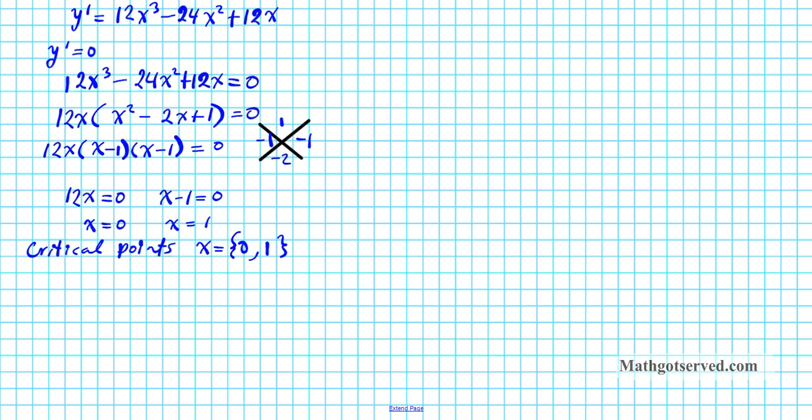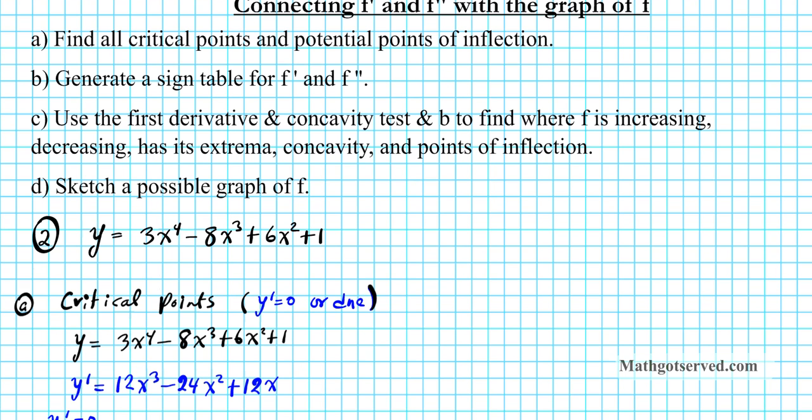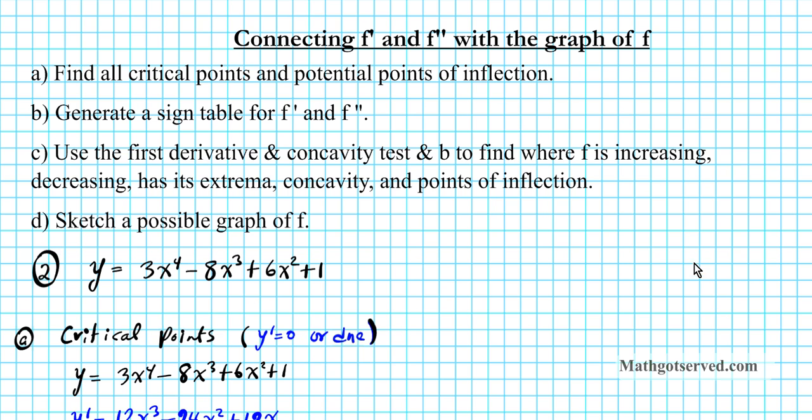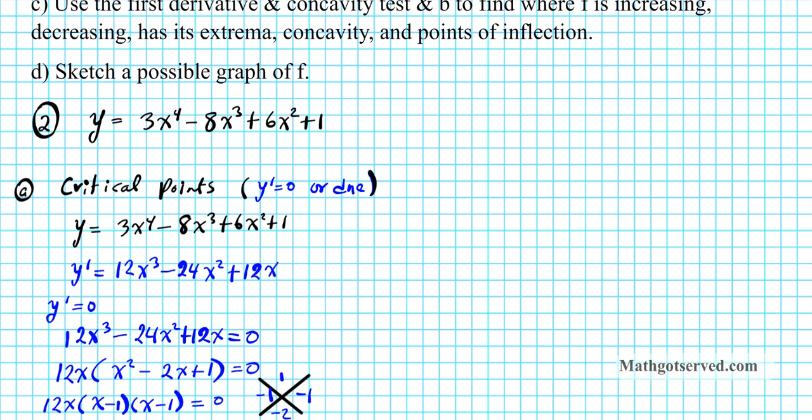Okay. All right. And then we're also to find our potential points, or possible points of inflection. But before we start looking for that, I just need to make a real quick remark here. When we're looking for critical points, we're looking for where the derivative is equal to 0 or does not exist.